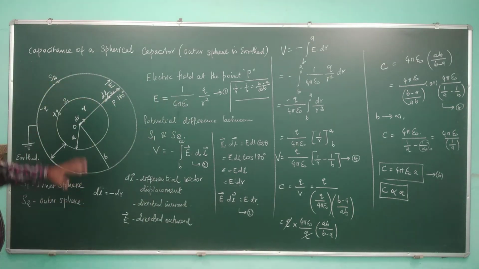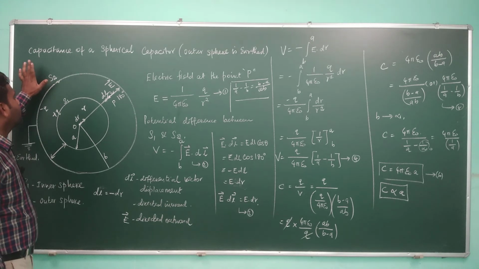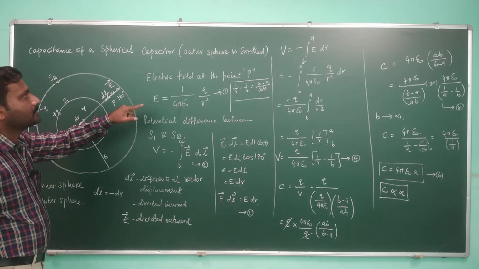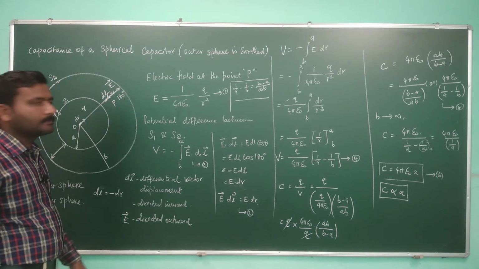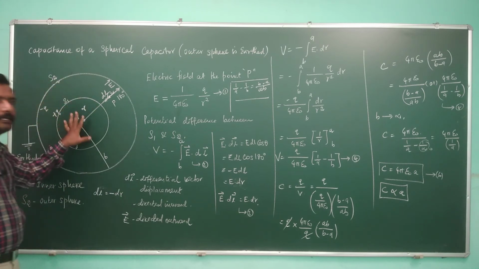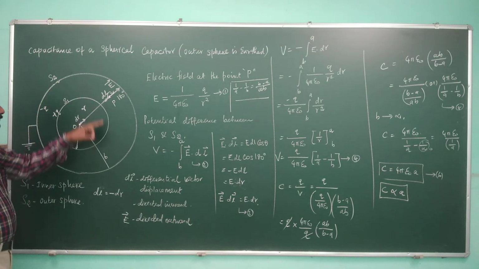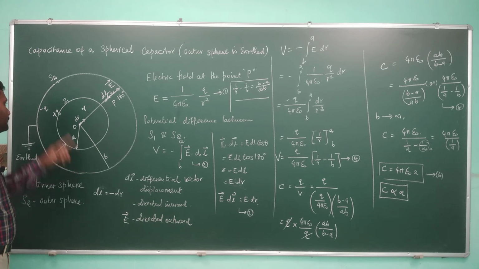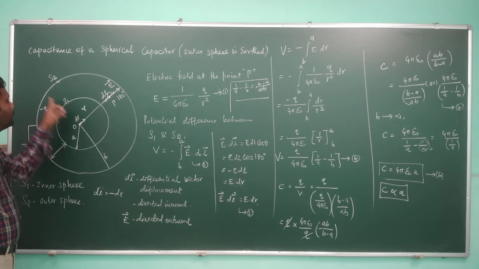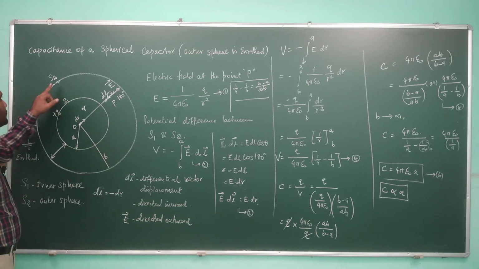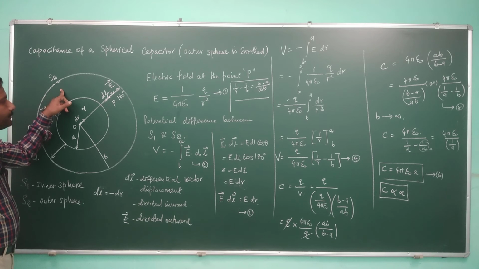Before concluding that, let me recall this entire derivation once again. We need to calculate the capacitance of a spherical capacitor where the outer sphere is earthed. For that, we have created a situation where there is a sphere inside, denoted by S1, and another sphere denoted by S2.